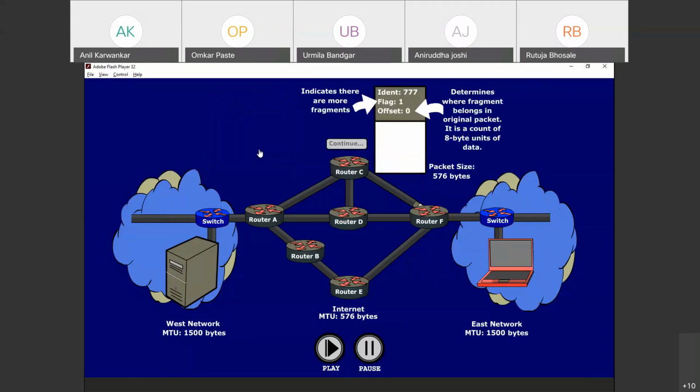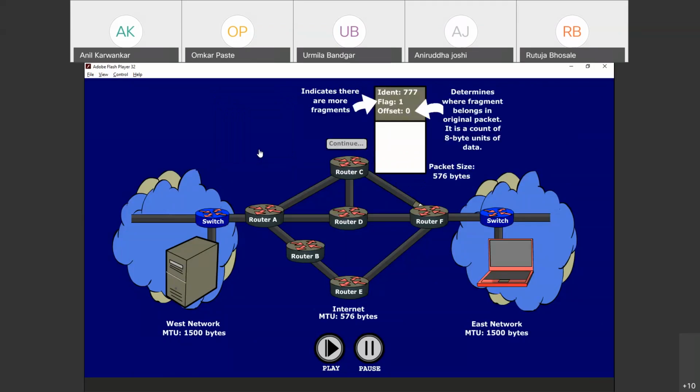The packet size is now 576 bytes. The flag is now set. The flag is set to 1, that means it indicates that there are more fragments. That is the indication to the destination end.